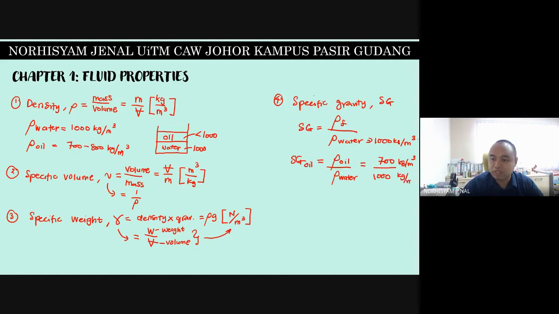So Sg oil should equal to 0.7. No unit. Why? Because both of them are the same units, correct? So we cancel each other out, all right?